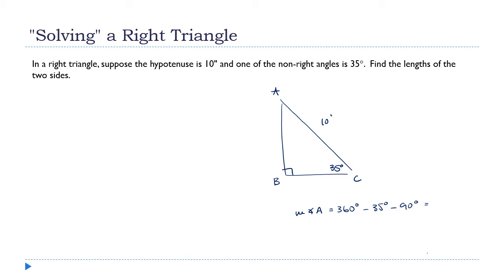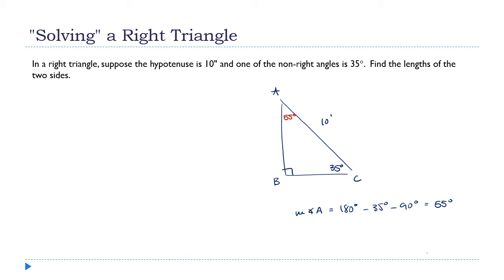Oops, sorry, it's not 360 degrees. A triangle is 180 degrees. That's more like it. So this is 90 minus 35. That's 55 degrees. So let me fill that in, 55 degrees. And now we can talk about the sides.